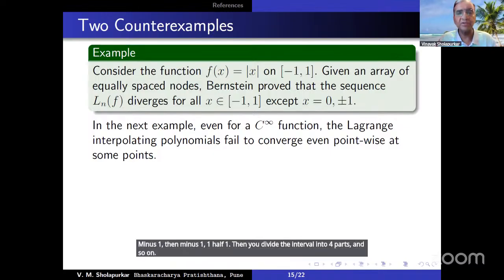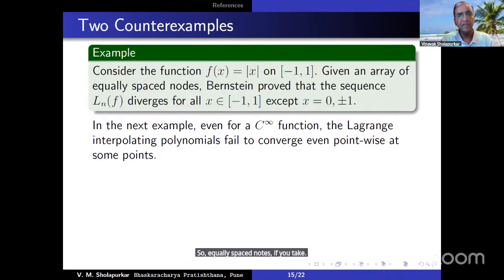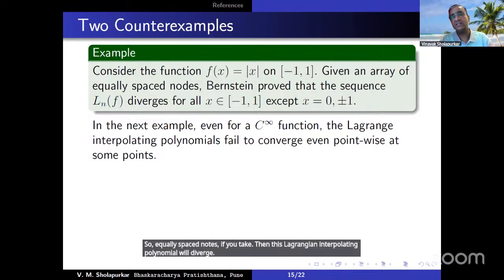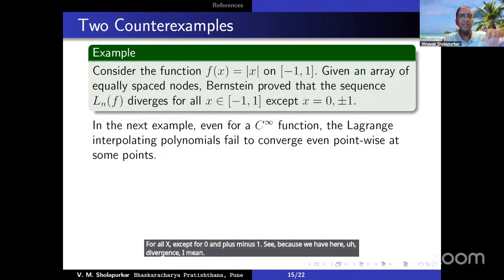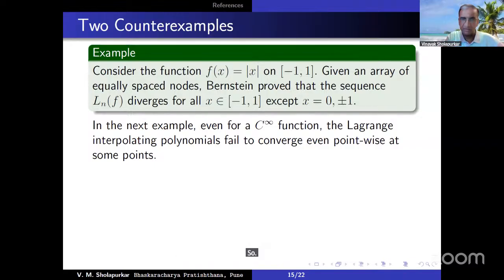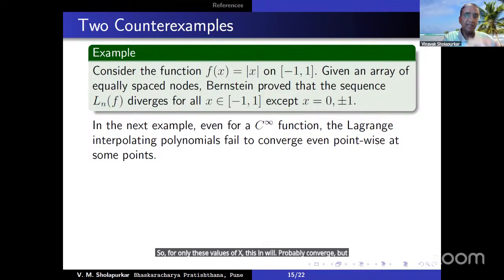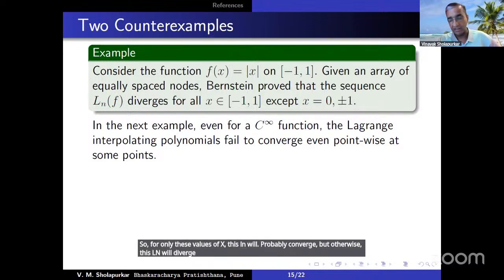So if you take equally spaced nodes, then this Lagrange interpolating polynomial will diverge for all x except for 0 and plus minus 1. Because we have divergence as n tends to infinity, and we also want to check pointwise. So for only these values of x, this ln will probably converge, but otherwise this ln will diverge for all x except these.